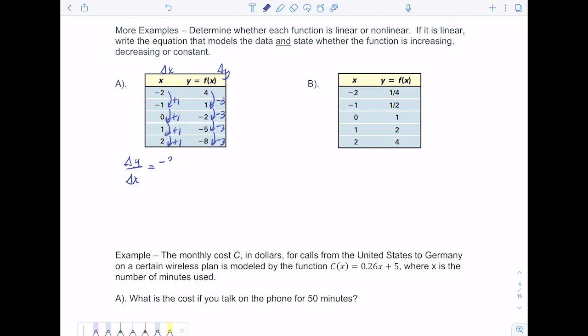It's -3 over 1, which is just -3. This negative tells me that the function is decreasing. So as x is increasing, y is decreasing.